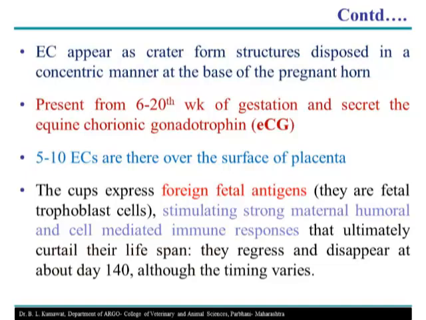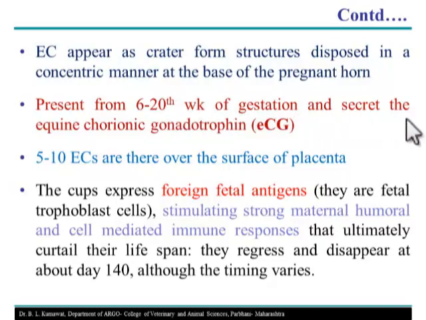Actually, these endometrial cups appear as concentric depressions at the base of the pregnant womb, and at first they begin to appear between day 35 to 40 of gestation, so they can be appreciated in the uterus during 6th week to 20th week of gestation.